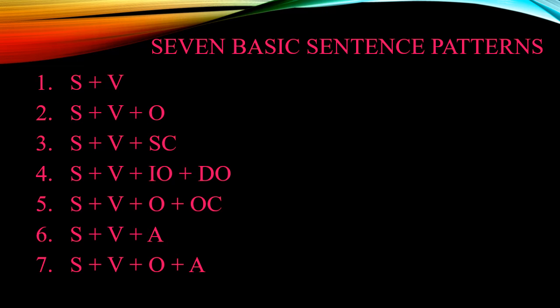So when we talk about the basic sentence pattern, we can say that there are 7 basic sentence patterns in English grammar.